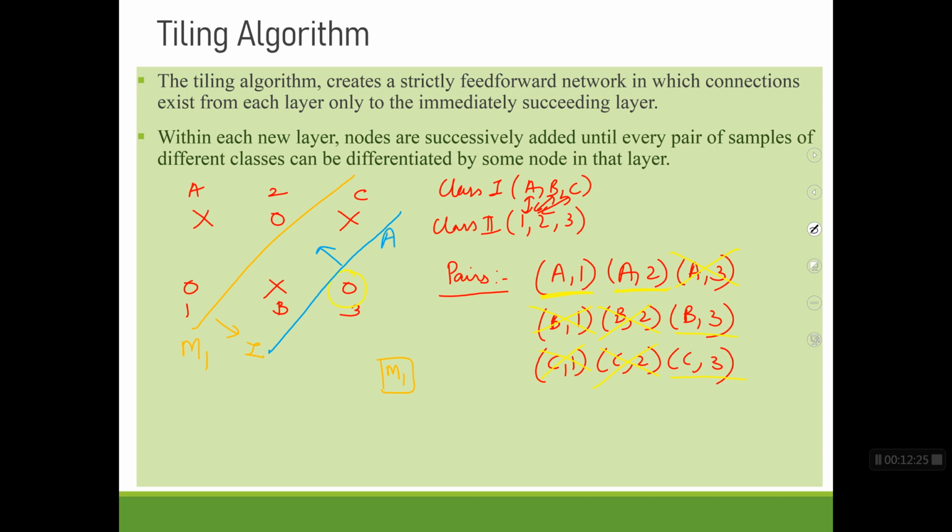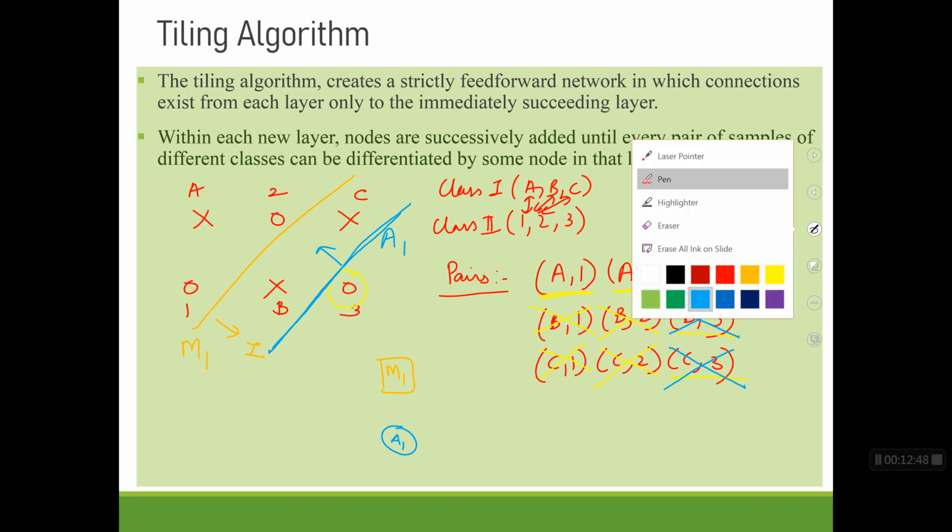So I am drawing this ancillary node A1. Now when I draw this ancillary node, what is getting separated is the link between B3 and C3, because there is a line which has come to separate this. So B3 and C3 get separated. Now what is remaining? A1 and A2.